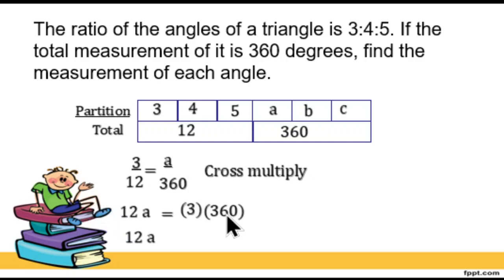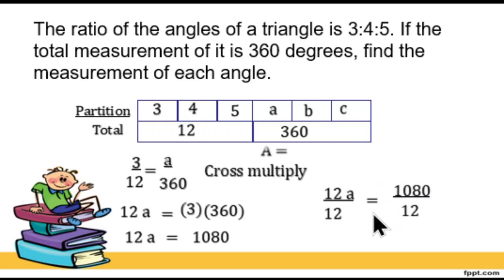Bring it down, 12A is equal to 1080. And then divide both terms by 12. So 12A divided by 12 is equal to 1080 divided by 12. So A is equal to 90 degrees. So the first angle is equal to 90 degrees.